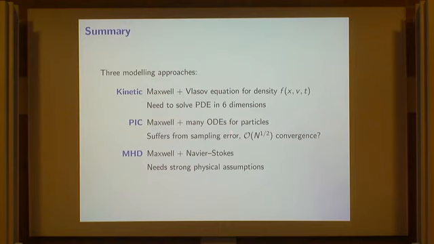So your convergence is in the order of the square root of the number of particles, which goes quite slowly. So yeah, you really need a lot of particles. And MHD is quite well understood, but you need your assumptions to hold. Okay, that's all for me. Thanks for your attention.